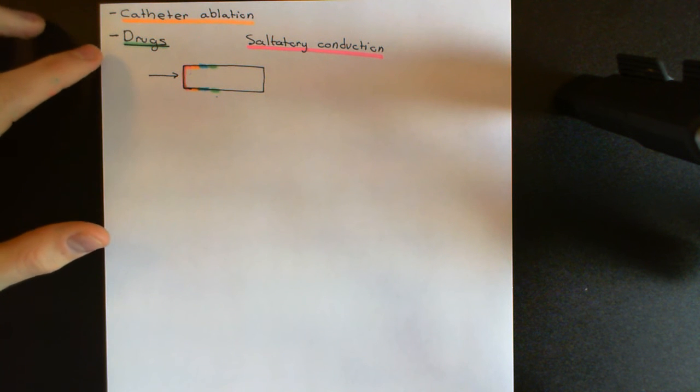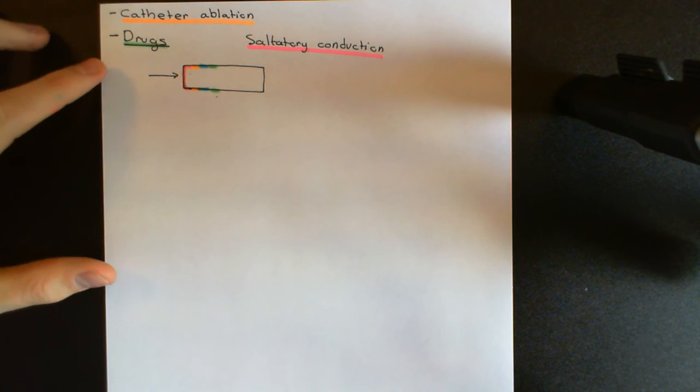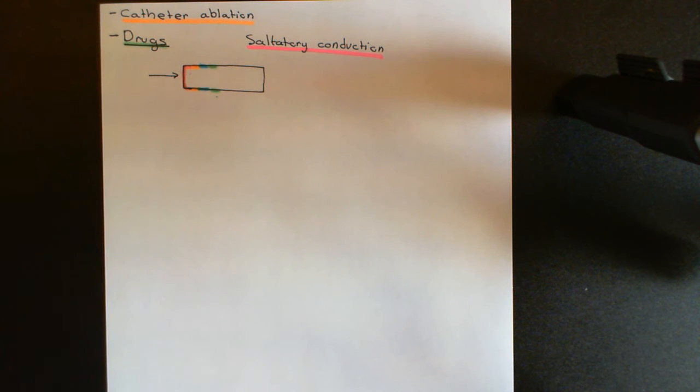So, how can we slow down conduction in the atrioventricular node cardiomyocytes? Well, go back to our physiology. There was a way of speeding up conduction in the atrioventricular node cardiomyocytes, which was to stimulate them with beta-1 adrenoreceptors. Okay, so to stimulate them with noradrenaline or norepinephrine, depending on what you want to call it.